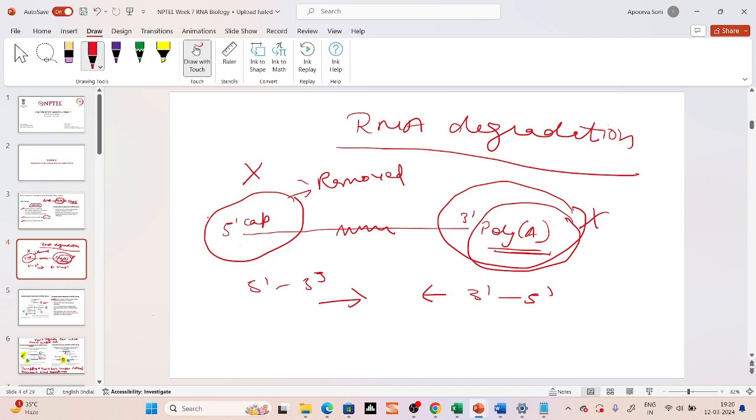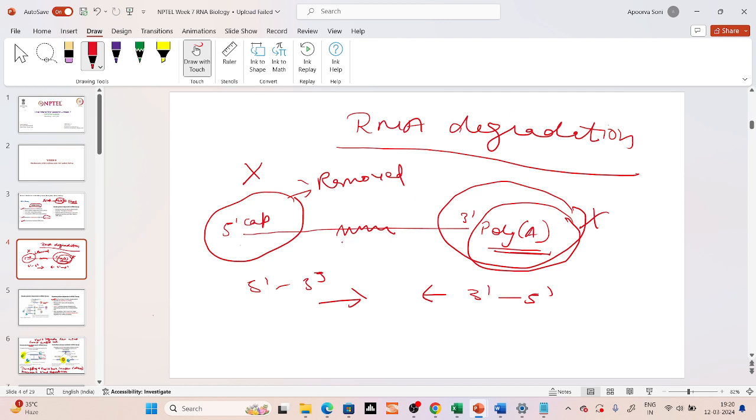This is like a bulletproof jacket. If someone wears a bulletproof jacket, then that person is prevented from getting shot. So this has to be removed in order for the enzymes to attack the mRNA. But there is a third way also.